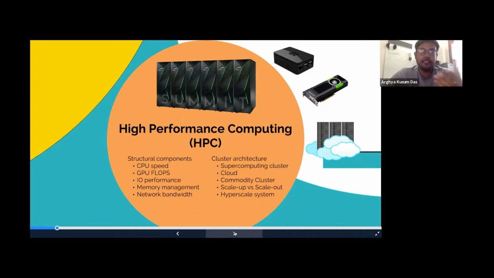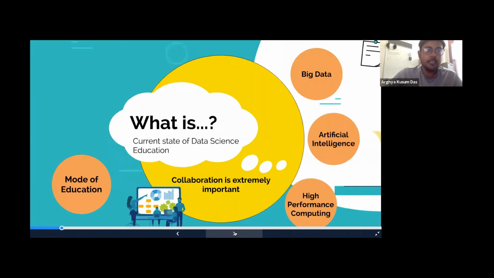Several things have improved, like CPU speed, GPU flops, IO performance, memory performance. Not only that, different types of cluster architecture based on business demand have been proposed, like supercomputing cluster, cloud-based cluster, commodity cluster, scale up, scale out, lots of different things.